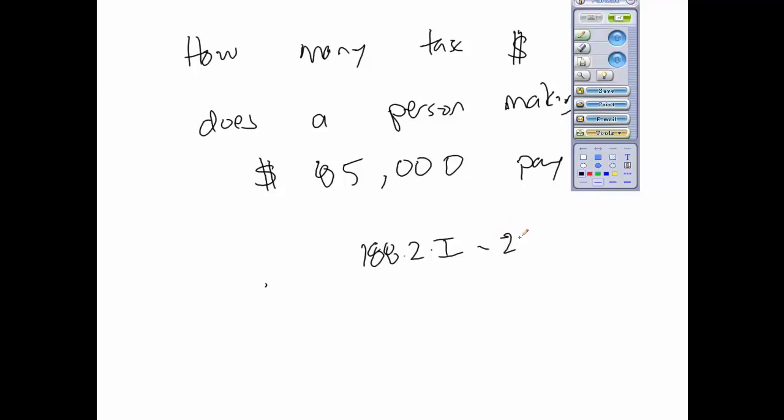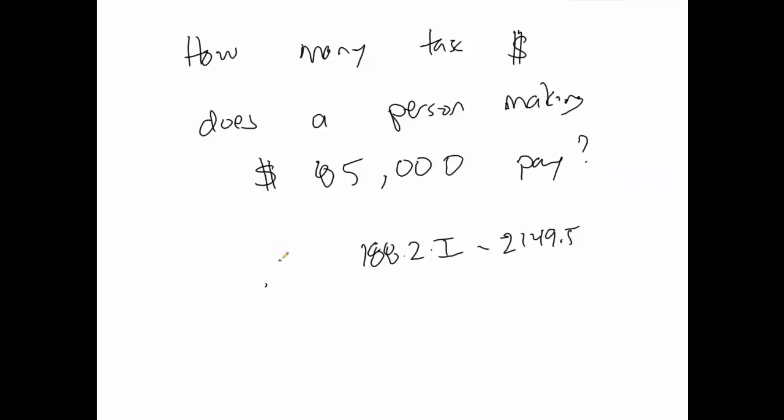That gives us the taxes. And for an income of 85,000, which is already in thousands, all I have to do is put in 85.